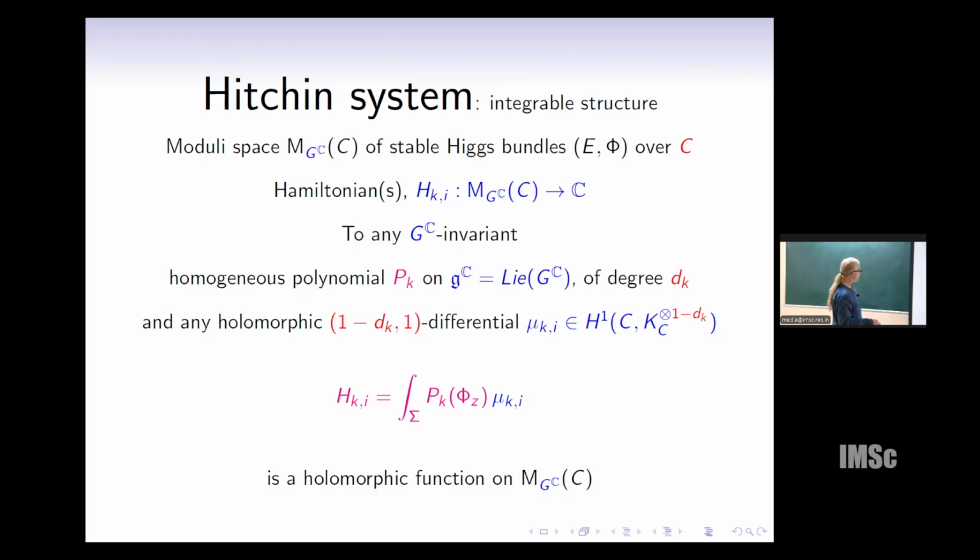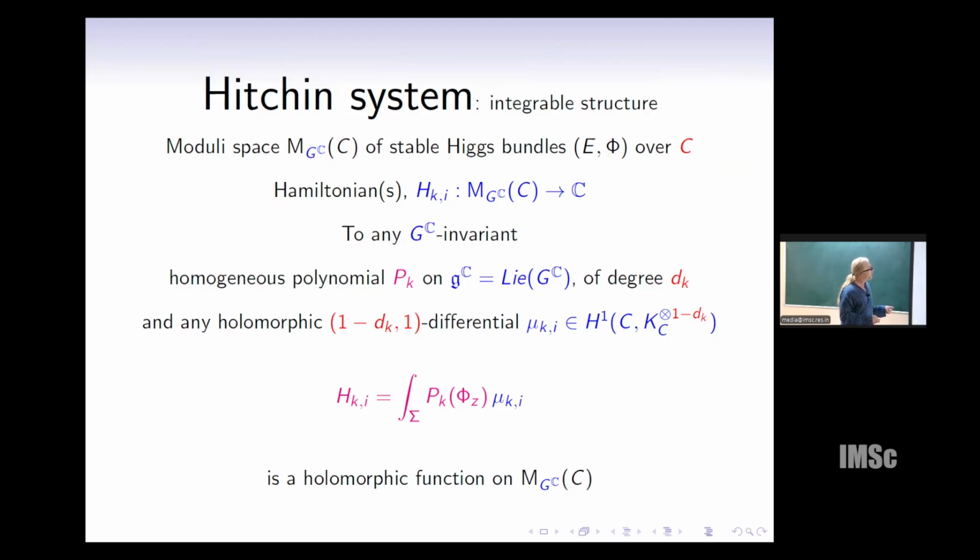So if I take this polynomial and substitute in it the field phi, because phi is a 1-0 form, this will be a degree d differential on C. So I need to make it into a density which I can integrate. I need to multiply it by a differential of degree 1 minus d.